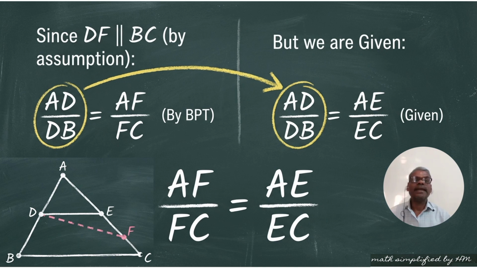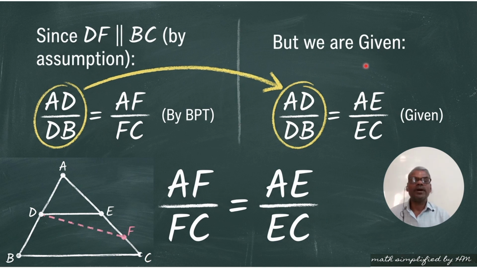Now let us play along with our assumption. If DF is parallel to BC, according to the basic proportionality theorem, AD upon DB is equal to AF upon FC.